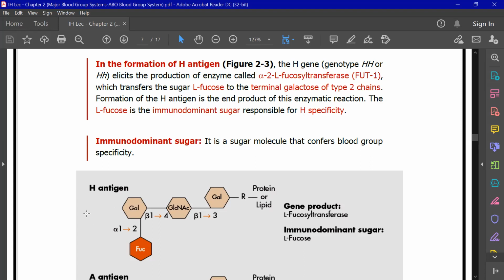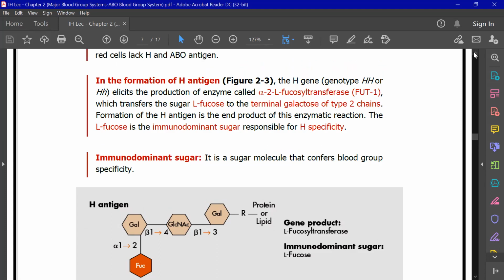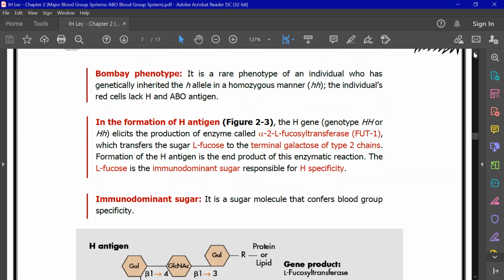This protein or enzyme transfers or adds the sugar L-fucose to our type 2 precursor substance. Class, this is our type 2 precursor substance, the one I explained earlier with a beta-1,4 linkage.